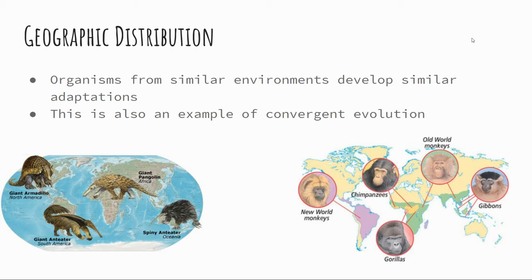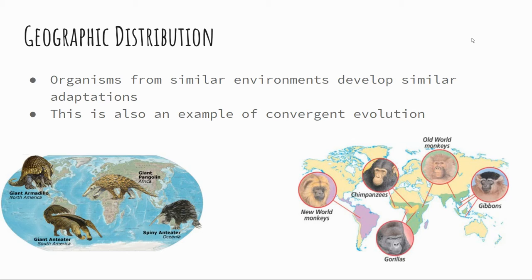So, geographic distribution. This is when organisms from similar environments develop similar adaptations. And this is also an example of convergent evolution. So, what we can see now that we can map and look at genetics is that there are the same species across multiple different places in the world.